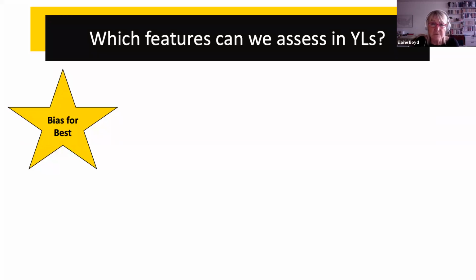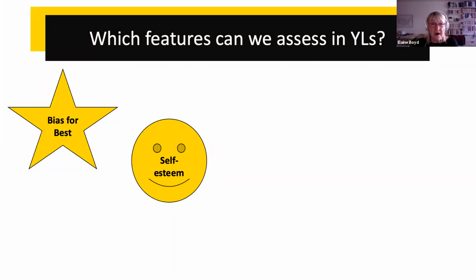So, for example, in a test that is bias for best, what we often have is a situation where the test taker, the student, is allowed to prepare something before the test, because that gives them a better chance of success. So that's what I mean by bias for best. So let's try and keep that in our heads as we go through.